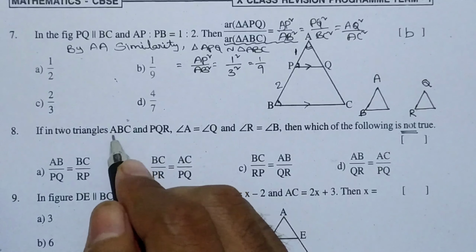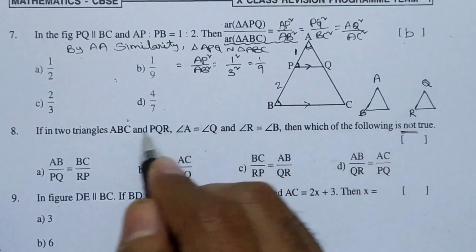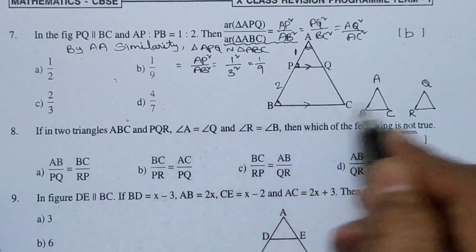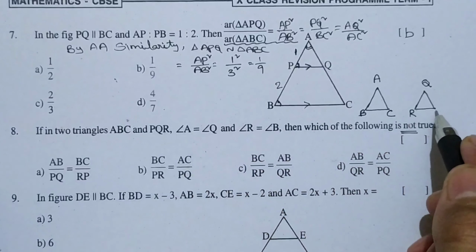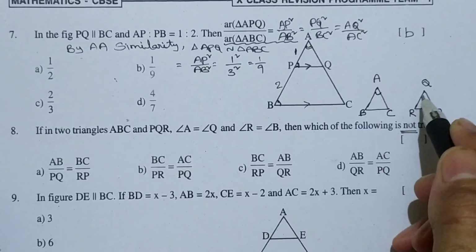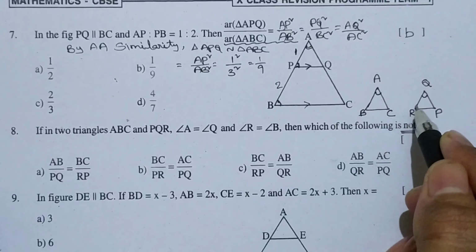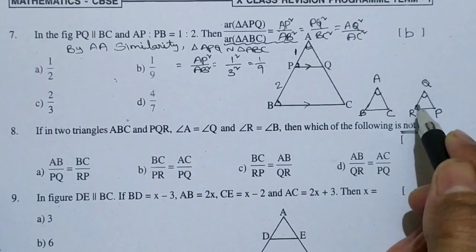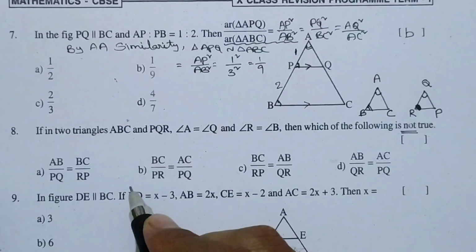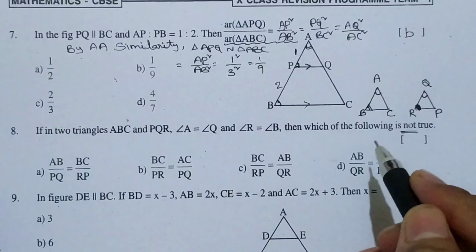In ABC, A and B positions are already given. Now C is left. In PQR, Q and R get adjusted. Now let us write P here. It is given that angle A is equal to angle Q. Angle R, here I am keeping a double angle to understand it, is equal to angle B. Now which is not true?